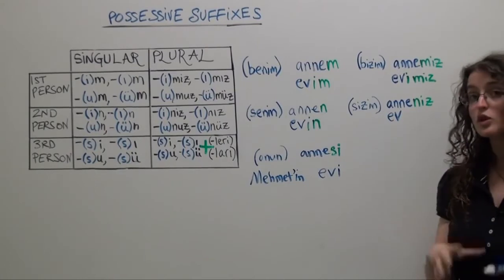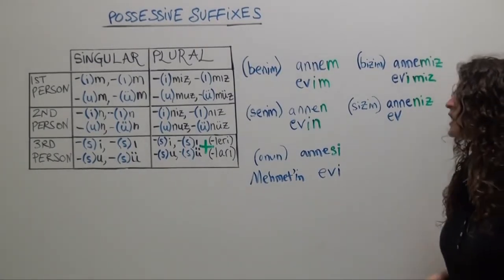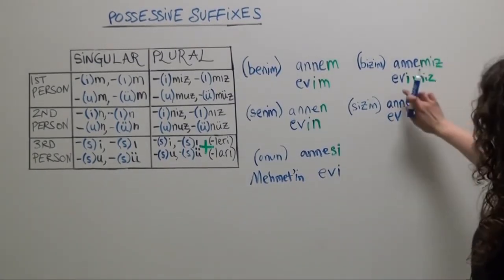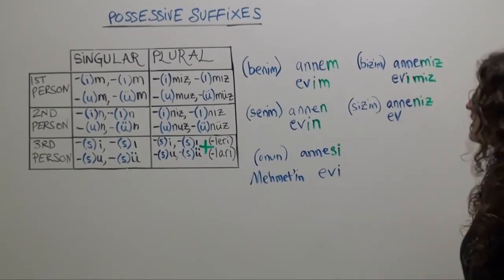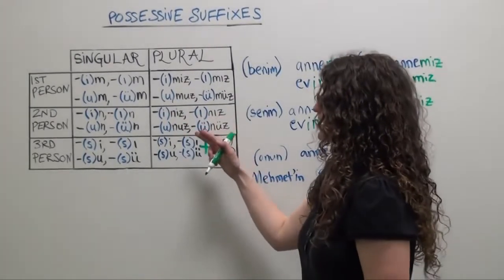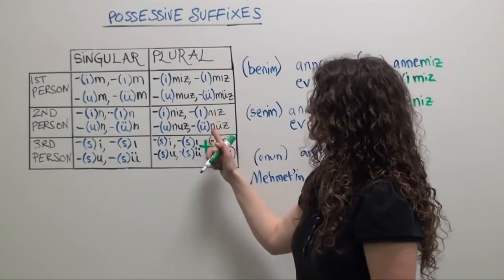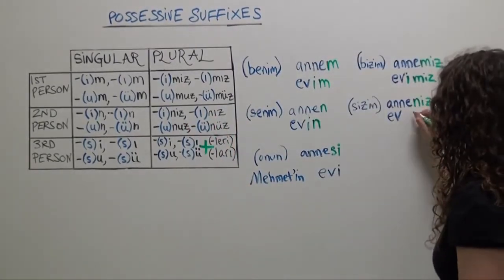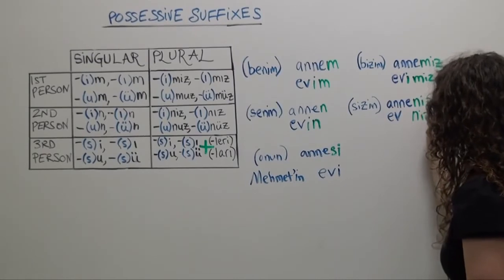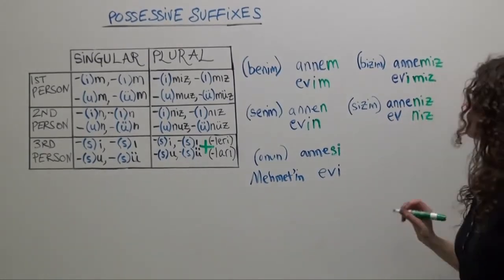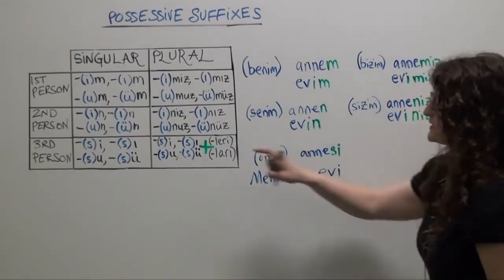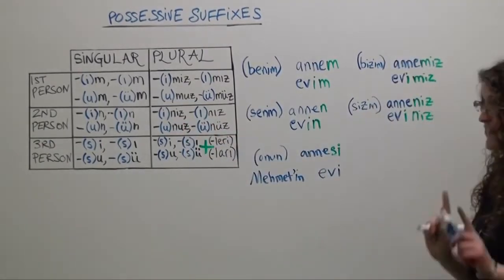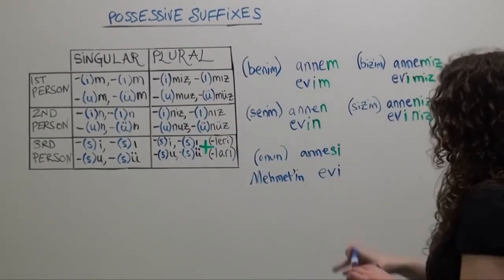If you want to say your plural or your formal house, you're just going to do what we have already seen happen with evimiz, except with the second person plural ending. So we're going to choose the version of the possessive suffix that agrees best with ev. So this is going to be niz. And insert our buffer vowel, eviniz, eviniz.